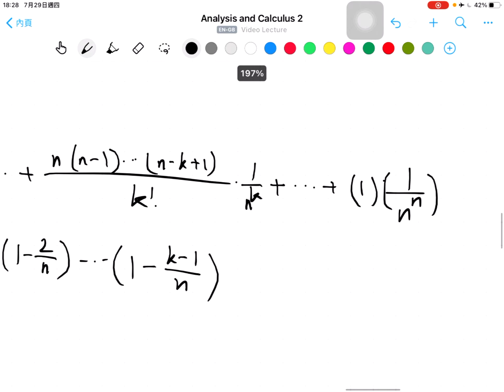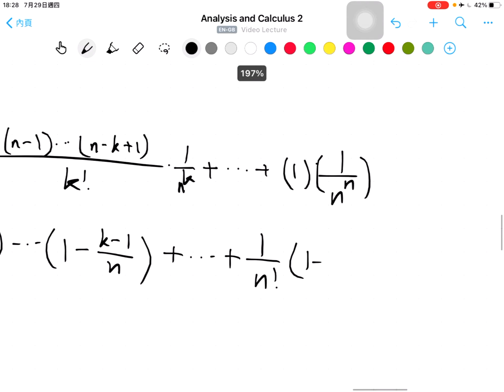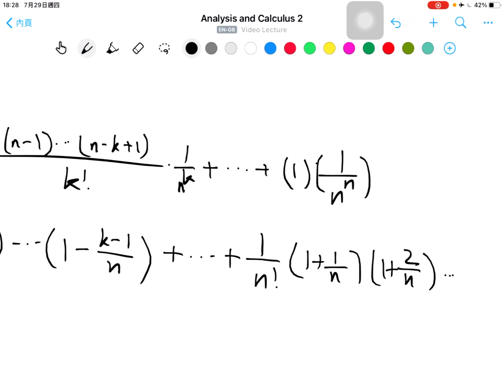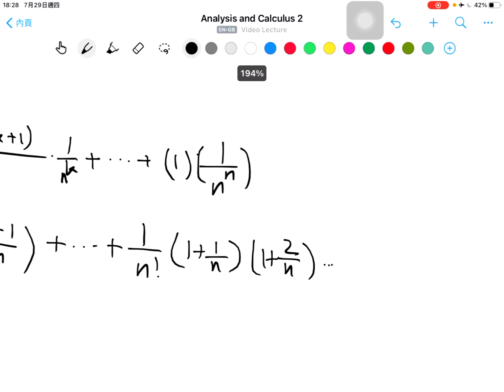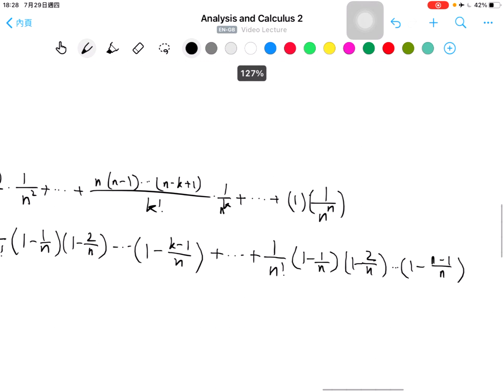Right, and so similarly, the last term is going to be 1 over n factorial, just generalizing up to the nth term: 1 over n factorial times (1 minus 1 over n), (1 minus 2 over n), and so on, all the way up to (1 minus (n minus 1) over n). Right?